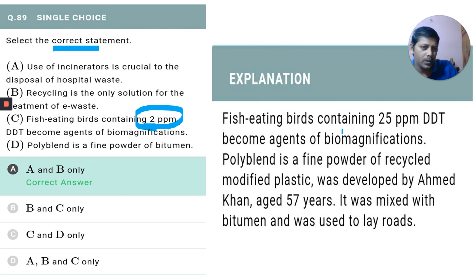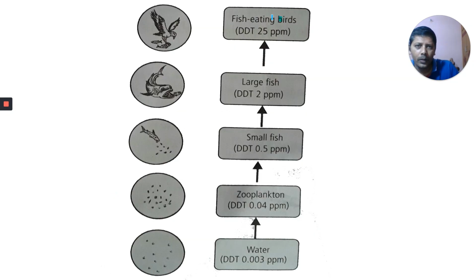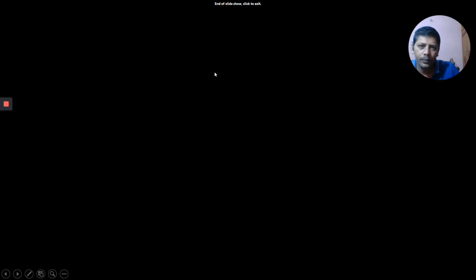Fish eating birds contain 25 ppm of DDT, dichlorodiphenyltrichloroethane, and polyblend is a fine powder of recycled modified plastic, mixed with bitumen and used to lay roads. This is 25.